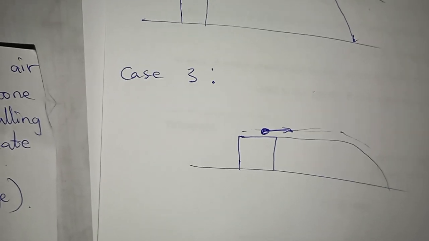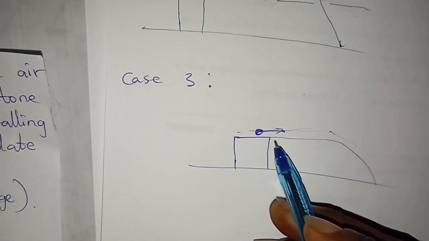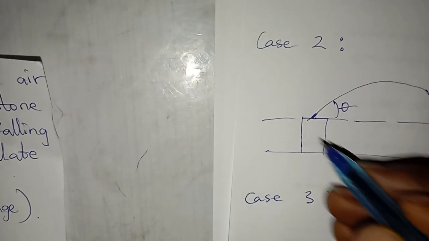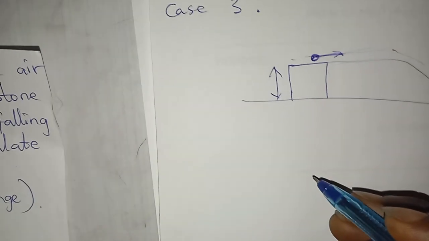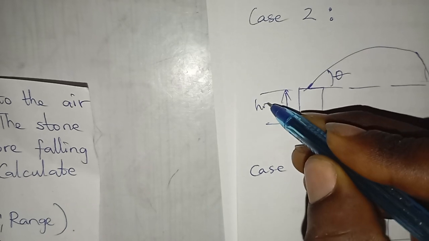So that's case 3. When the body is projected at height above the ground, then horizontally, this height will always be given. Because if it's not given, then you should consider it as case 1.